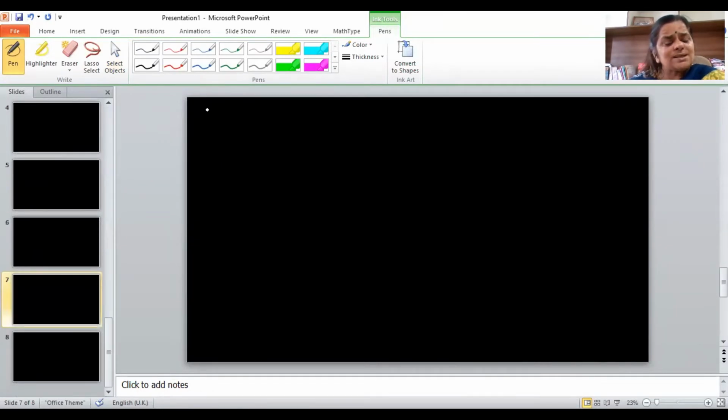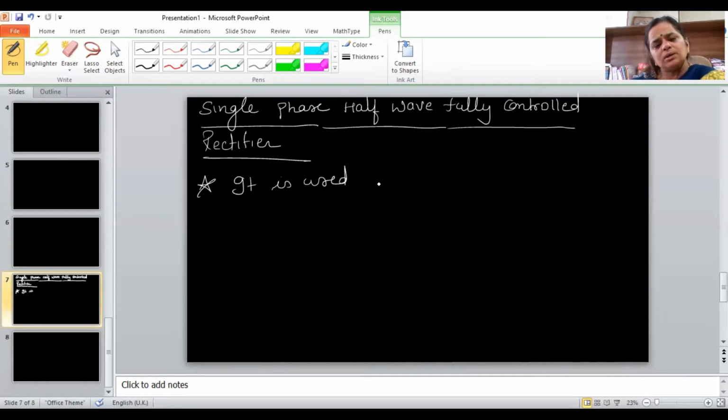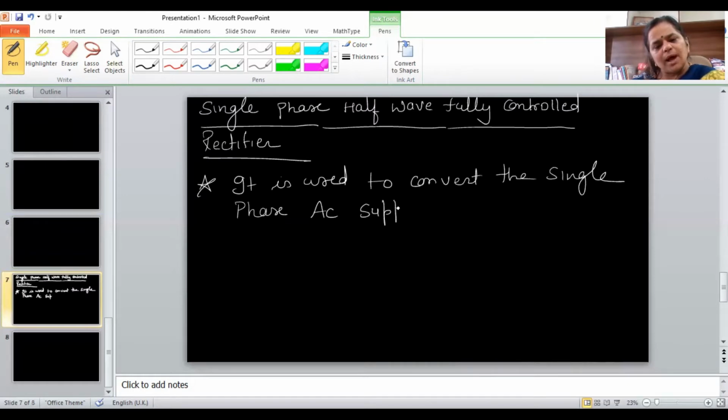So let us discuss the single phase half wave fully controlled rectifier. The very important point about this is it is used to convert the single phase AC supply into DC supply.